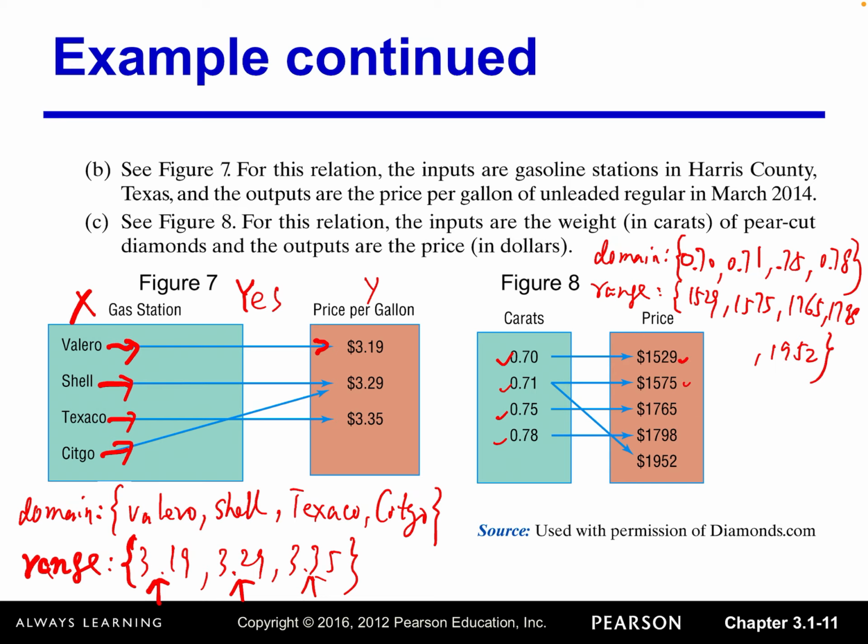You see there are 5 elements in the range but 4 elements in the domain, so from the number of elements we can tell this is not a function. And for these elements, 1 element in x is paired with 2 elements in y, so that also confirms this relation is not a function.